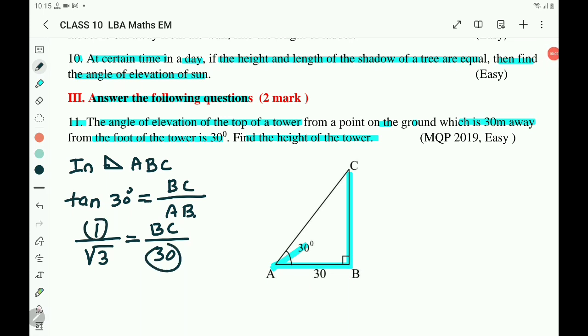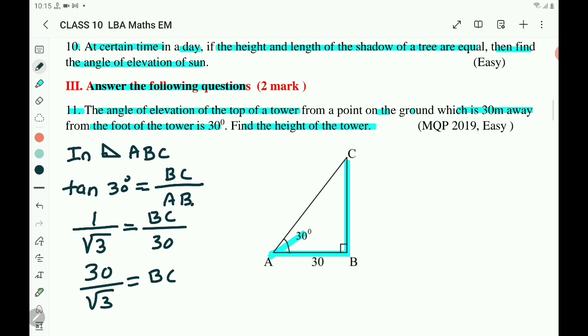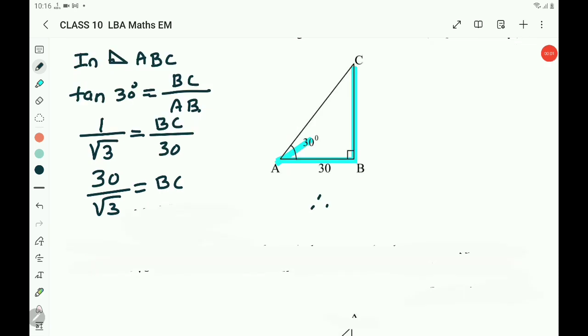1 into 30 is 30 by root 3. 30 by root 3 equals what? BC. Express 30 as a product of 10 into 3, because you can cancel root 3 by splitting that 3 as root 3 into root 3. In the first step you write 10 into 3 by root 3 equals BC.